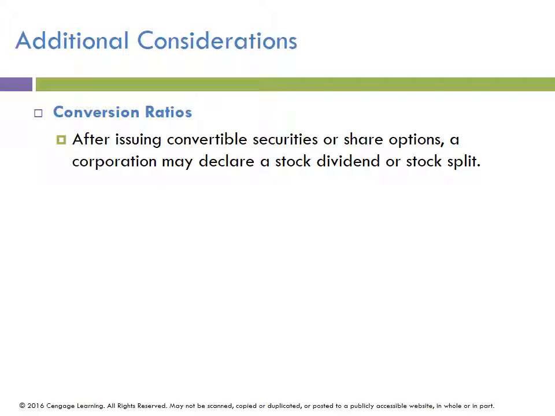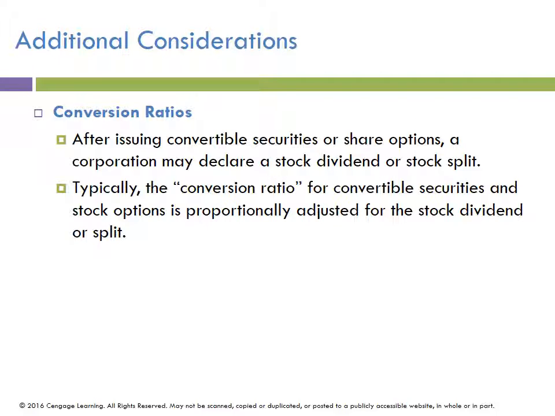There are some additional considerations. After issuing convertible securities or share options, a corporation, you know this could happen, may declare a stock dividend or stock split. Typically, the conversion ratio for convertible securities and stock options is proportionally adjusted for these stock dividends or splits.